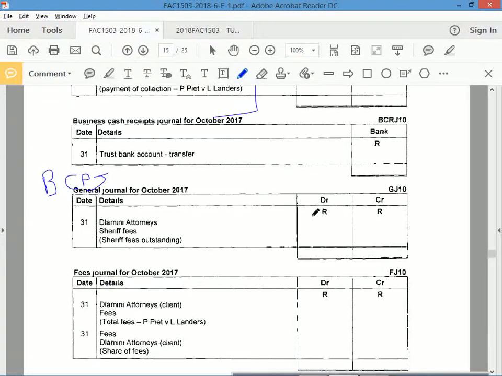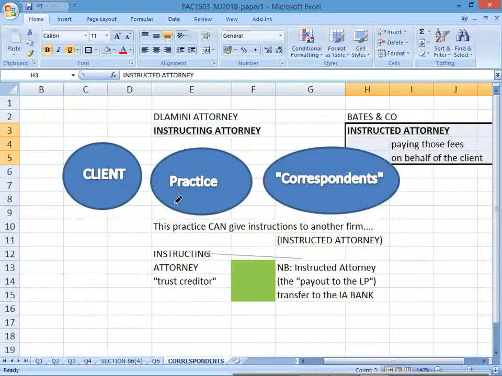Let's record that there. 500, 500. So we've got this business CPJ, that was the 500.